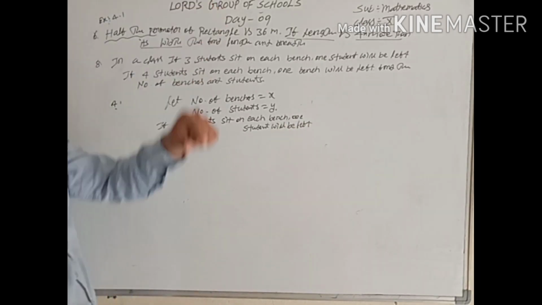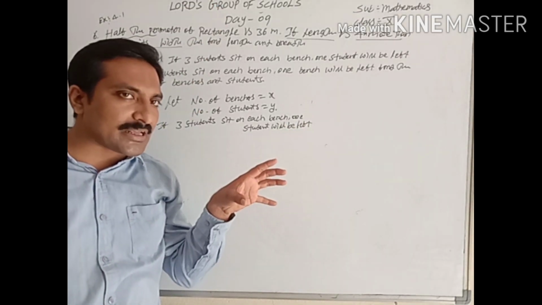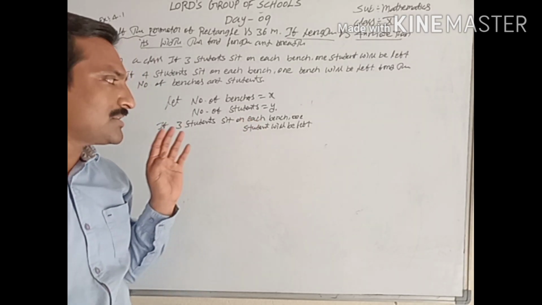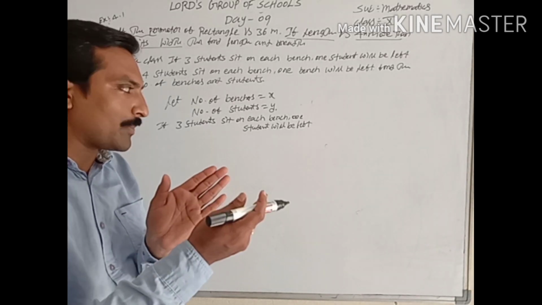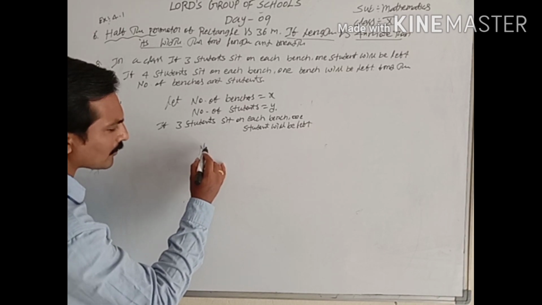What is the meaning? If on each bench 3 students are sitting, at that time 1 student is left. It means in this case the students are more, by 1 member.